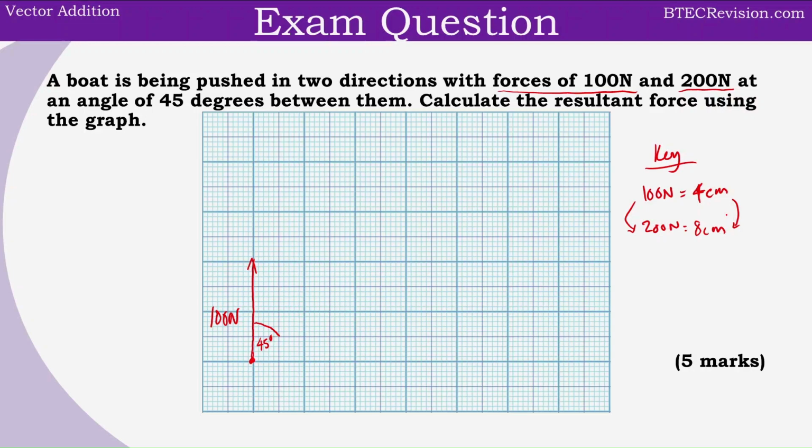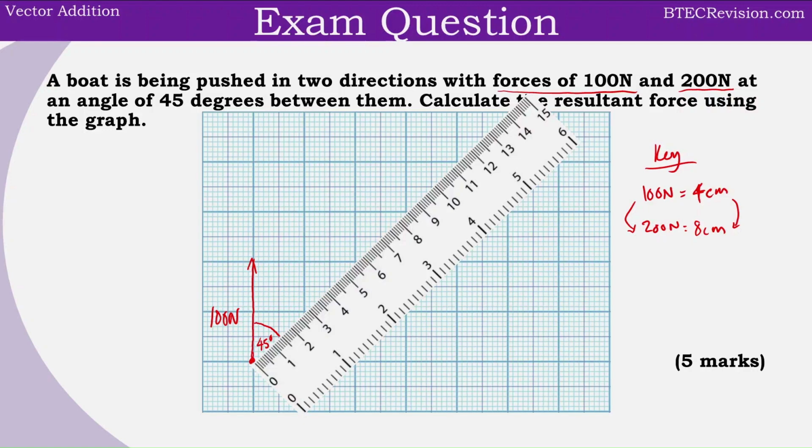So therefore, the next arrow we draw should be 8 centimeters in length. Placing our ruler at 45 degrees, angle to the first vector, we can draw our next vector, which is going to be 8 centimeters in length, and can label that 200 newtons.